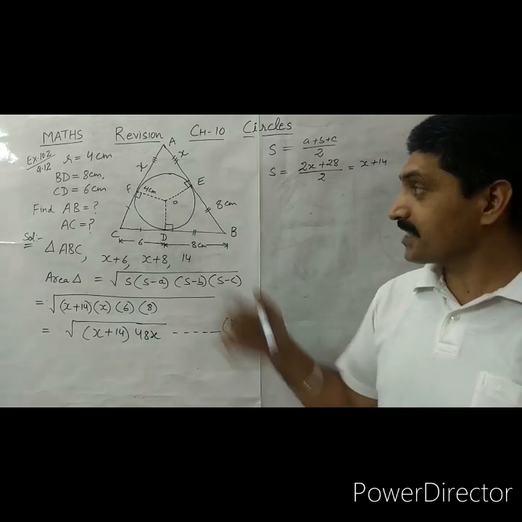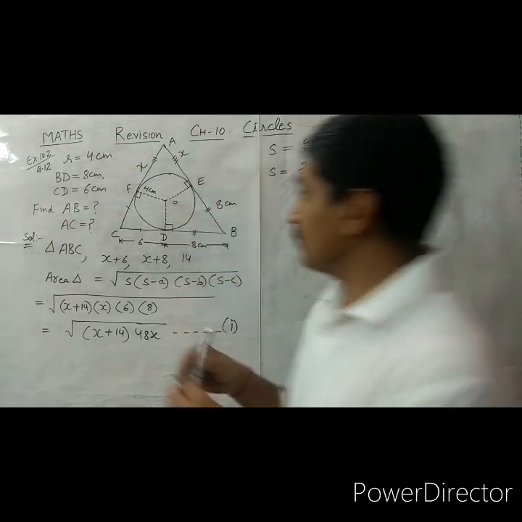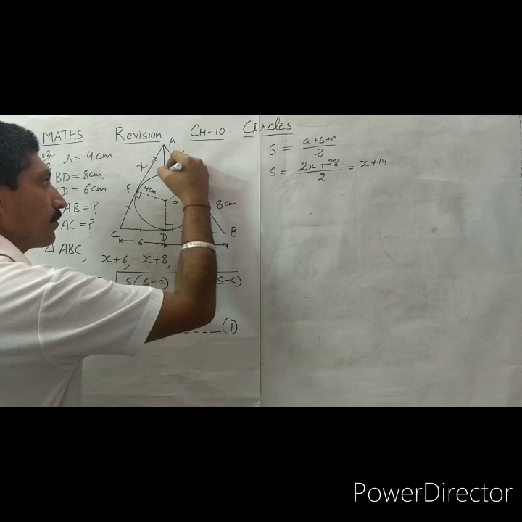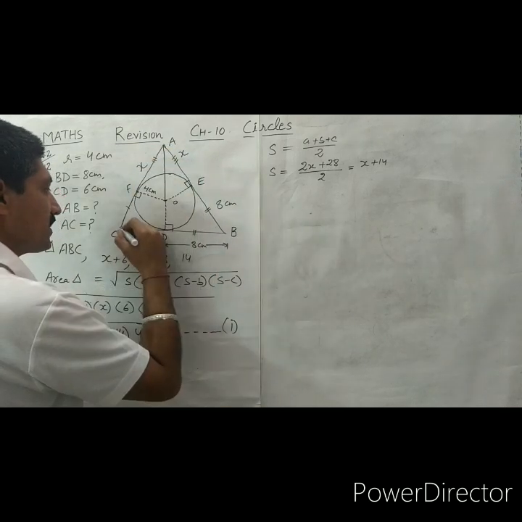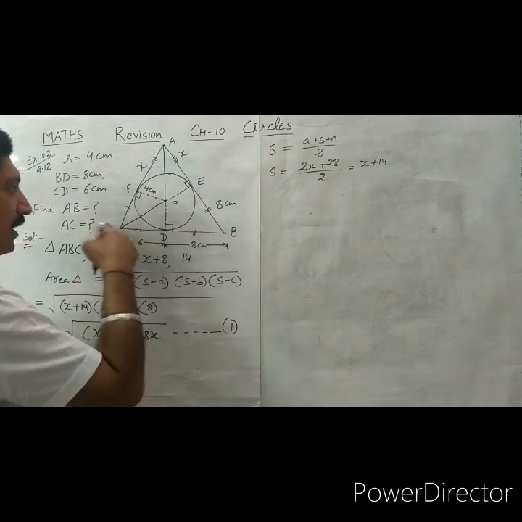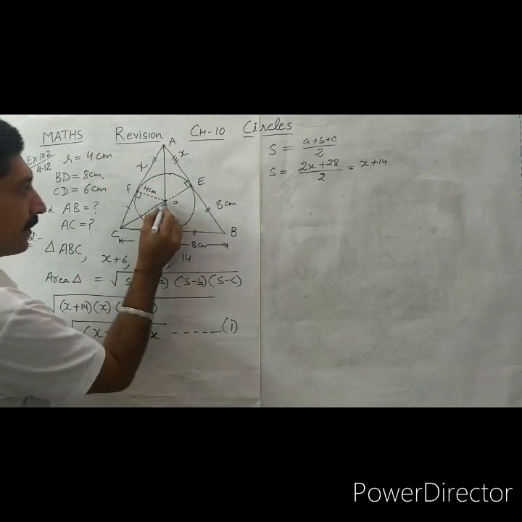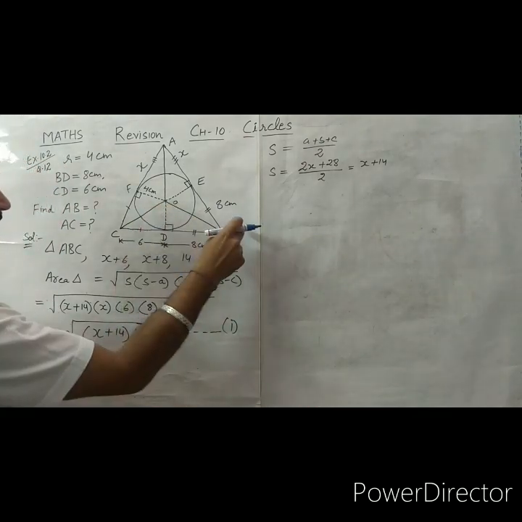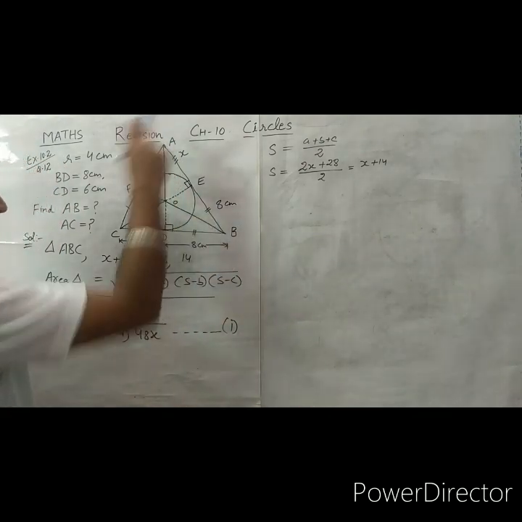Now the next step: join A with O, C with O, and B with O. We have triangle AOC, triangle BOC, and triangle BOA.